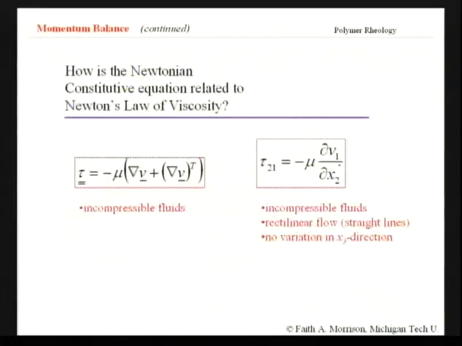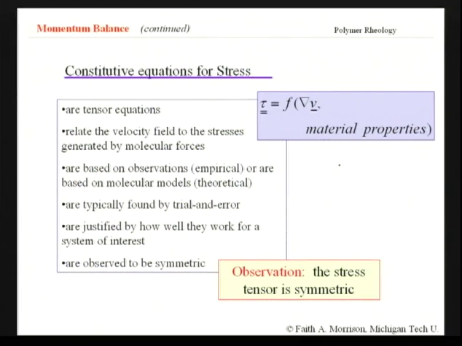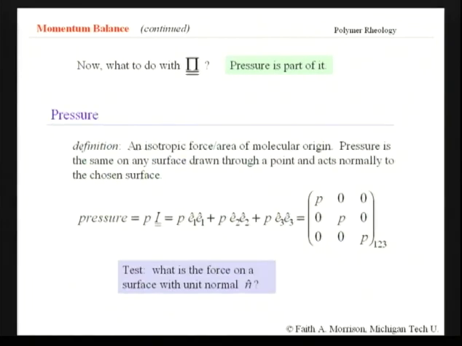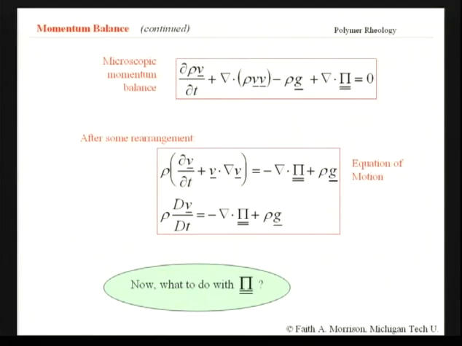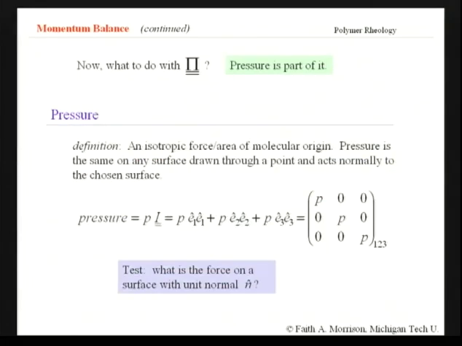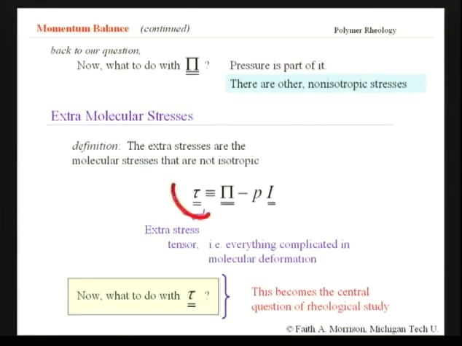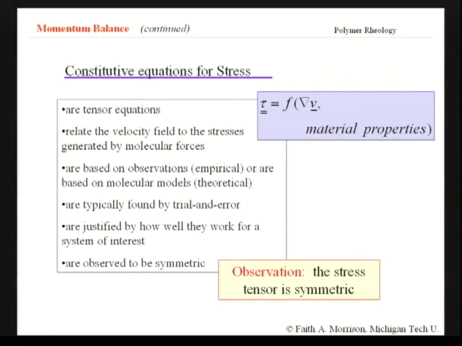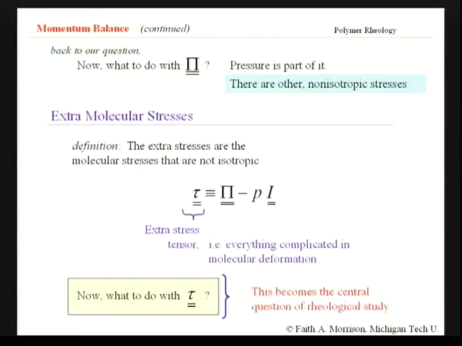Now, I also, back here, I skimmed over one slide where I talked about this stress tensor. And let's go back over that. We've arrived at the momentum balance, and we've defined the extra stress tensor, and now we need to know what it is. Take a look at this equation.